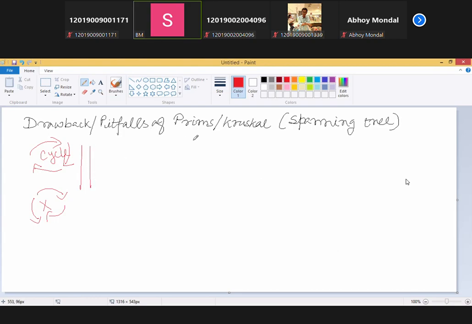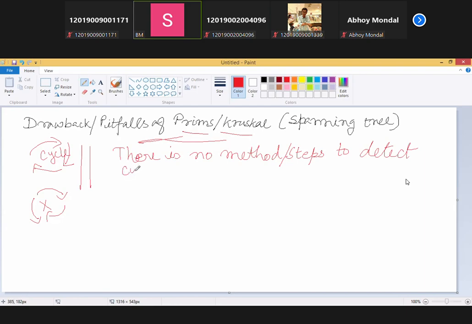But in the original Prim's or Kruskal, there is no method or steps to detect a cycle. In the original Prim's or Kruskal, they will stop if a cycle happens. Now, how will they identify that? That is a completely different procedure.